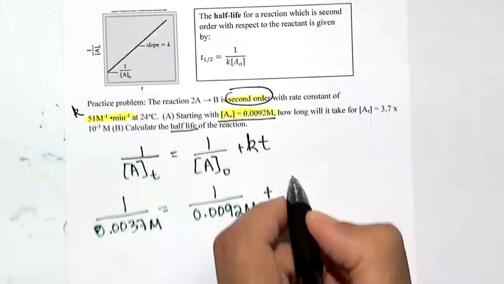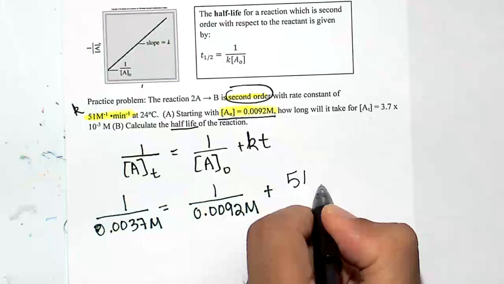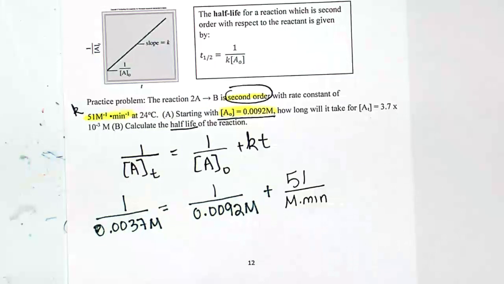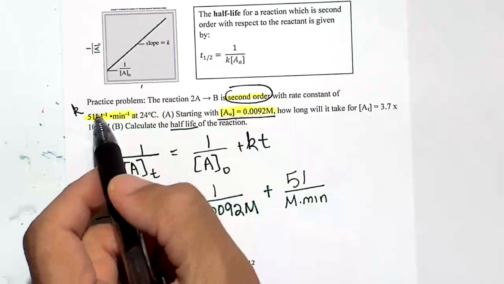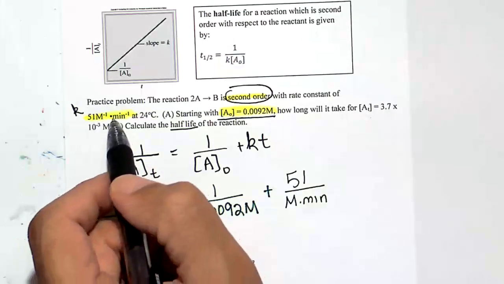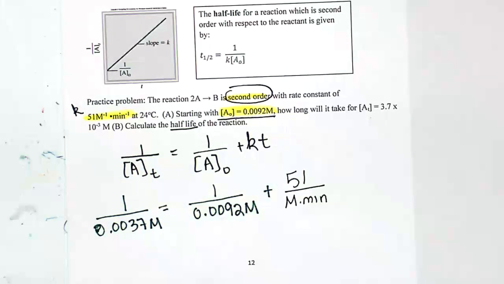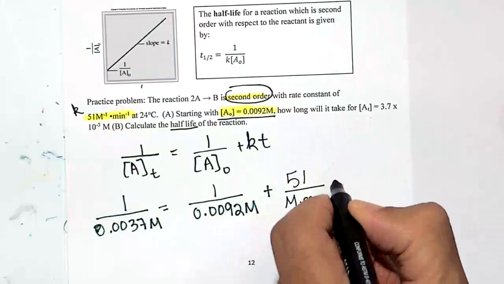This is our K, 51. I'm going to move the M down and the minutes down, you don't have to, but I'll do that. M to the minus 1 is M in the denominator. Minutes to the minus 1 is minutes in the denominator. We are solving for T, so just plug and play.